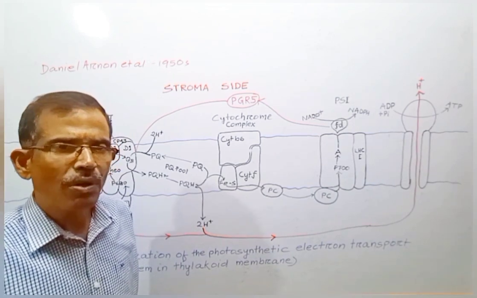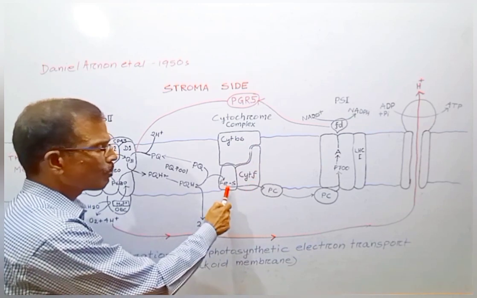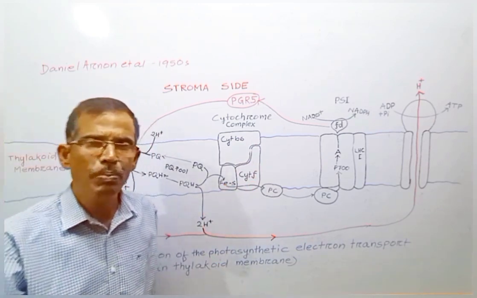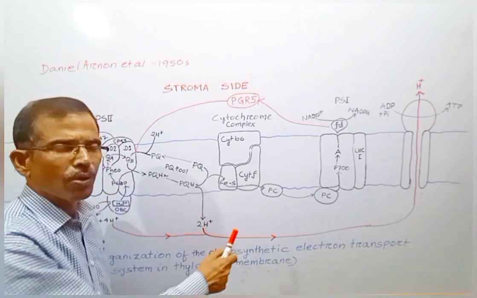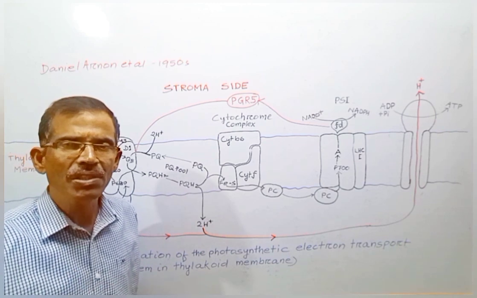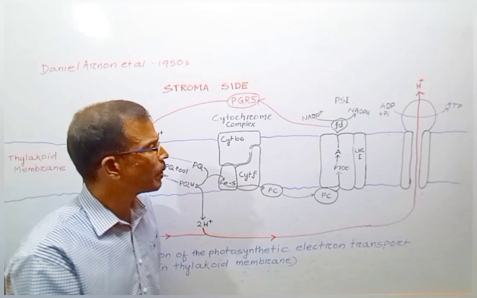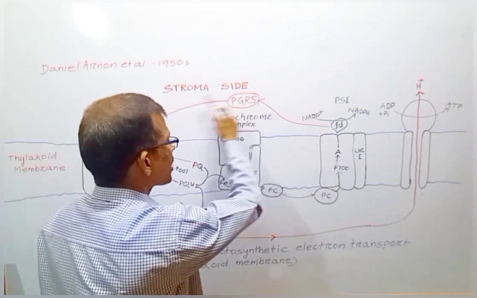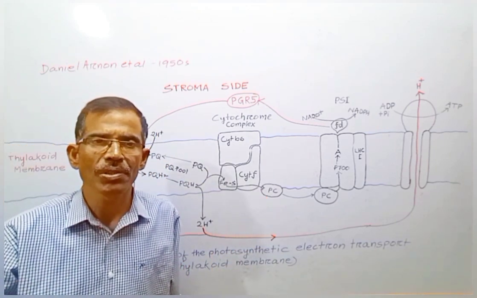As these electrons pass through plastoquinone and cytochrome b6f complex, cyclic electron transport also contributes to the proton gradient, which drives the synthesis of ATP. Synthesis of ATP in association with cyclic electron transport is known as cyclic photophosphorylation.